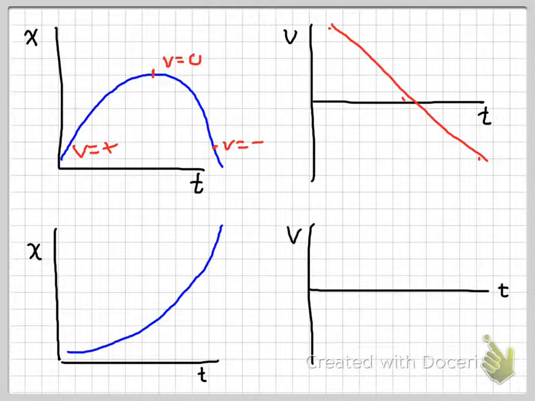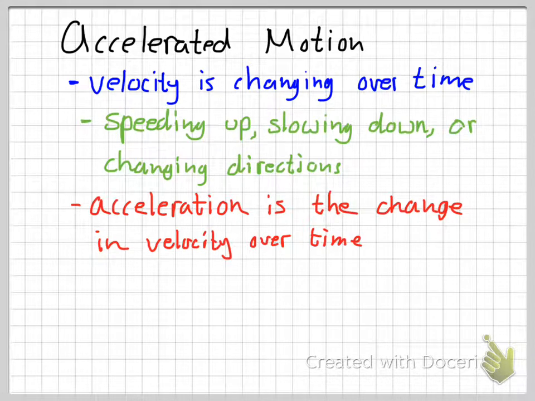A position time graph that looked like that would indicate something that's starting at a 0 velocity, it's flat, and then going to some big positive velocity. So that velocity time graph would look something like that. Remember that the acceleration is defined as the change in the velocity over the time.